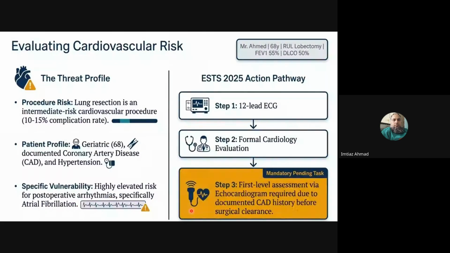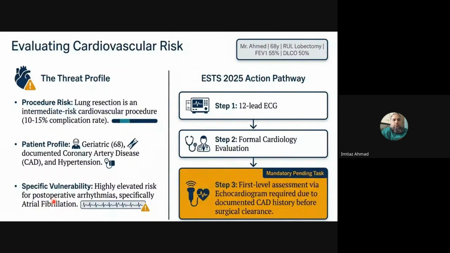Now, evaluation for cardiovascular risk factors. There are three factors in this patient. First is procedure risk. Lung resection is an intermediate risk procedure with a 10 to 15% complication rate. Secondly, the patient is a geriatric patient with an age of 68 years, documented coronary artery disease and hypertension.